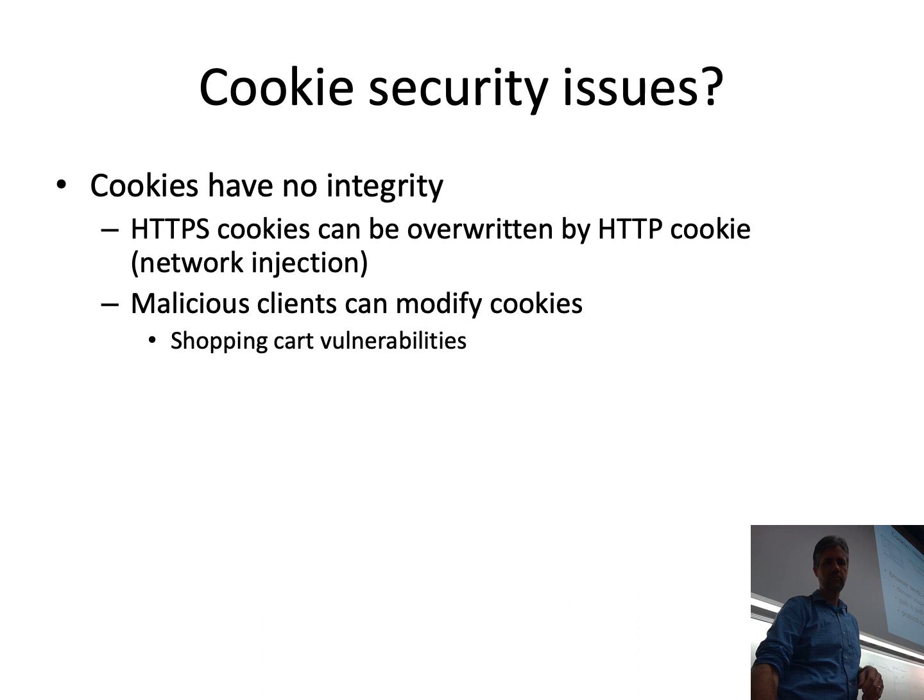What happens if I inject an HTTP packet into the network, which is not encrypted and can be manipulated by an attacker, that says name equals Bob? The browser will overwrite the cookie from the secure connection that said name equals Mike, and replace it with the bad cookie, name equals Bob, that came from the insecure connection. So even though you download cookies over a secure connection, it doesn't mean they can't be replaced by insecure cookies later that will cause you to do the wrong thing.